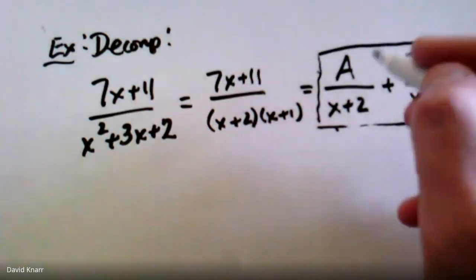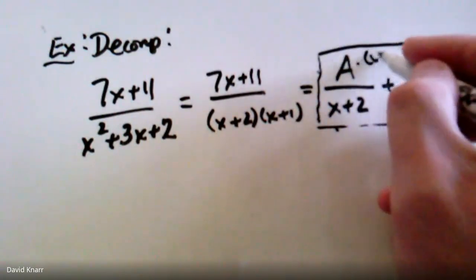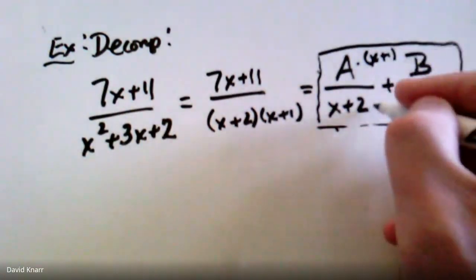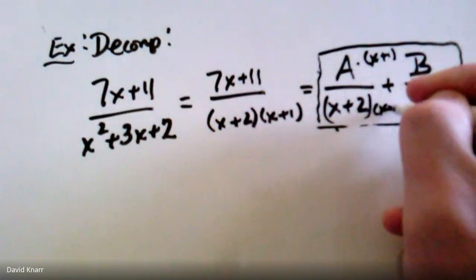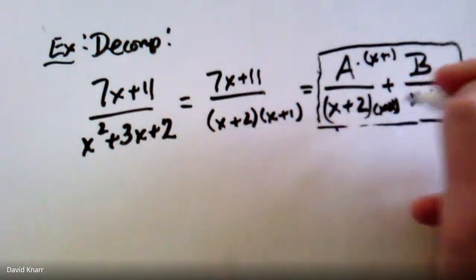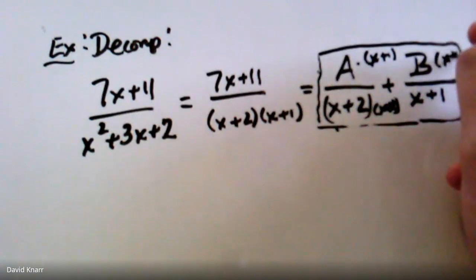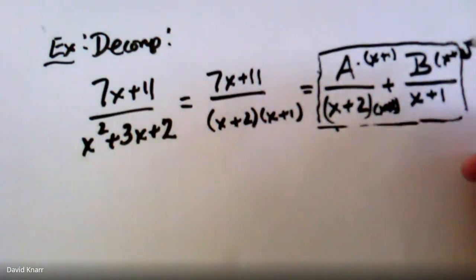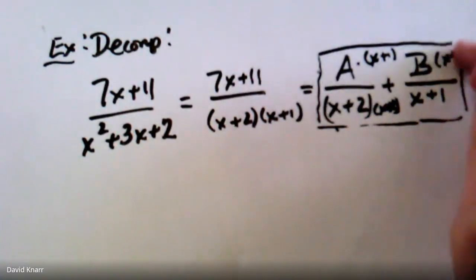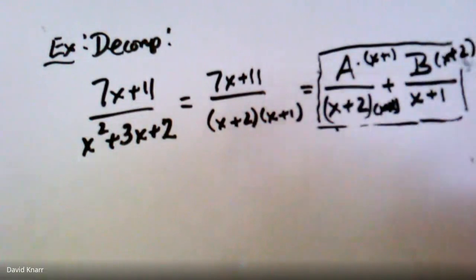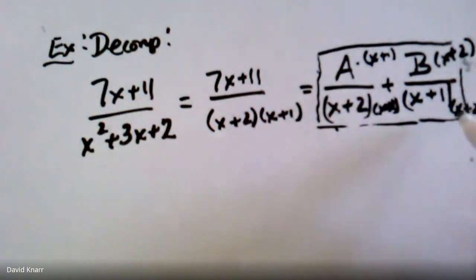So that would mean the first term would have to have an x plus 1 on the top and on the bottom. That says plus 1 there. I know it's hard to read. And then the second term would be an x plus 2. That's a plus 2. There we go. On the top and on the bottom. Okay, x plus 2 on top and bottom there. I know it's cut off.